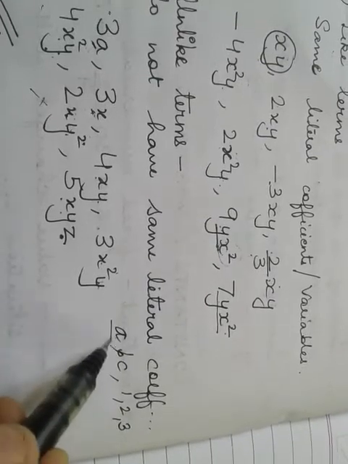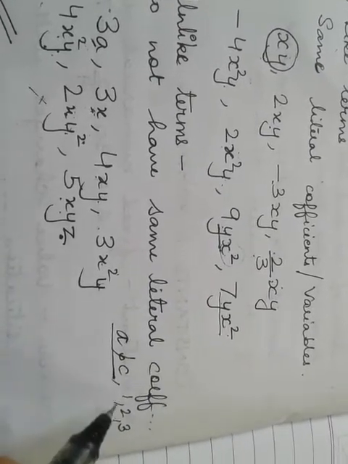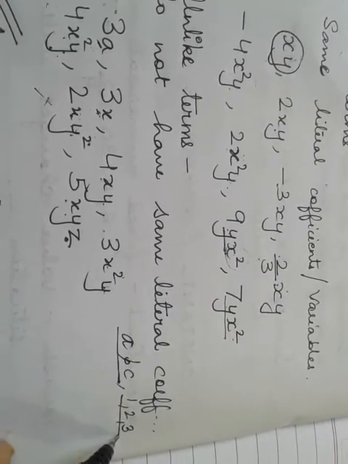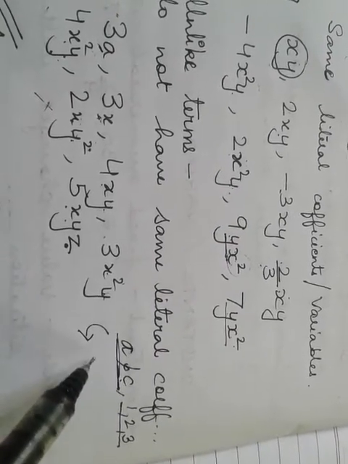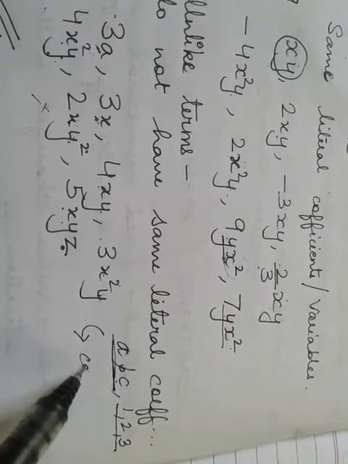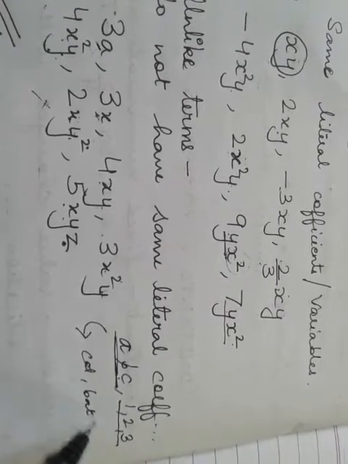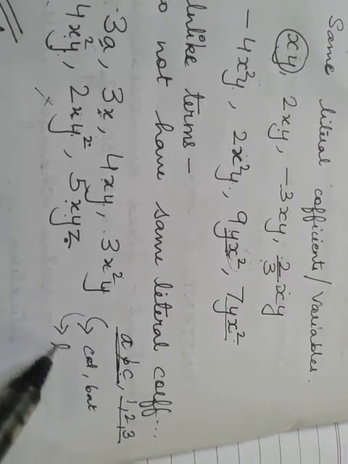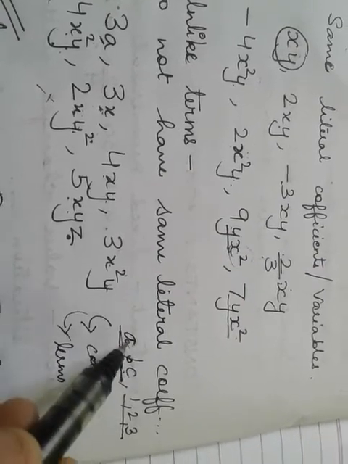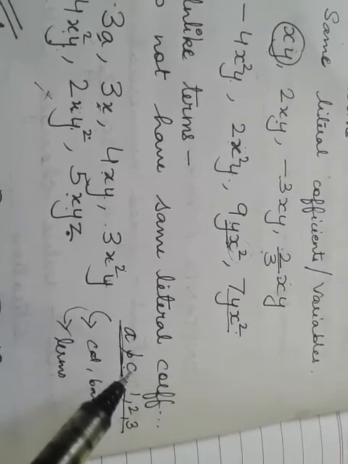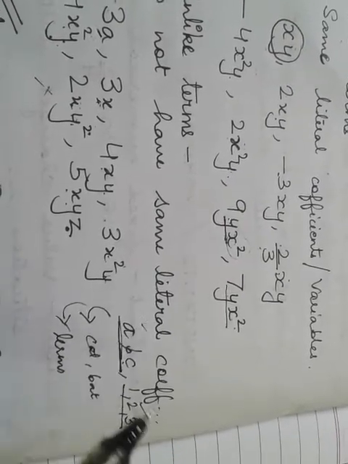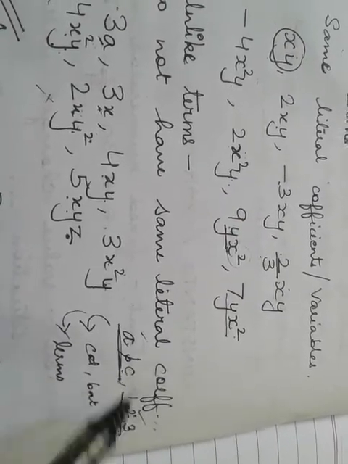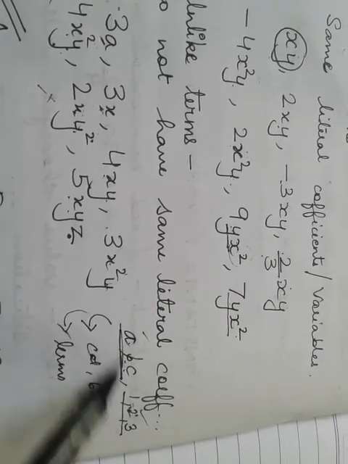Here we are studying variables, then constants. After this, in nursery we studied words, CAT, cat, BAT, bat. But here we are studying terms. Terms can be a lone constant, a lone variable, or a product of both, or division of both.